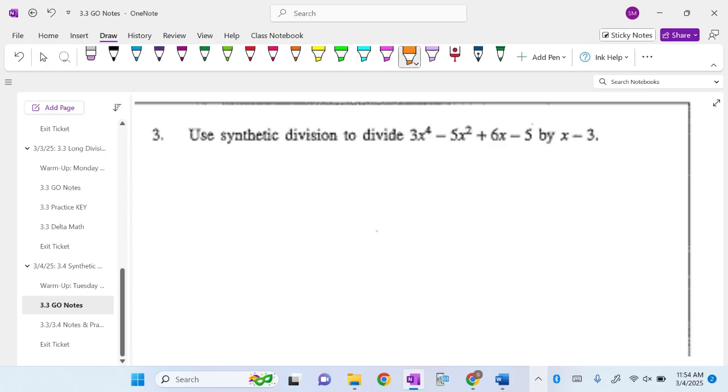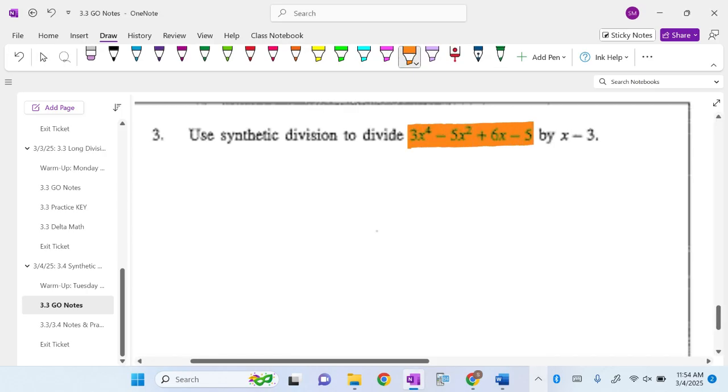So what's the glaring issue with this dividend? It's missing an x cubed. So somewhere in that space, there needs to be something x cubed.